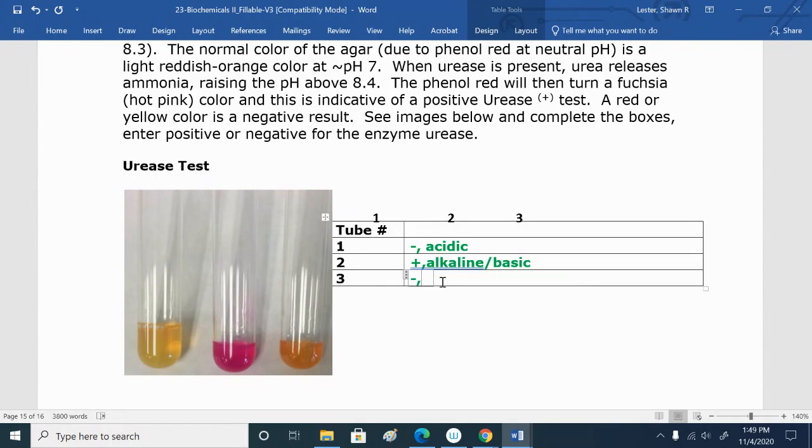And of course the pH, as you said, neutral. Right, so if the agar is still the original peachy orange color, it's negative, and the pH is around neutral. If it turns hot pink, right, the fuchsia color, it's positive and has an alkaline pH. If the tube is yellow, it's negative, right, for urease, and has an acidic pH.